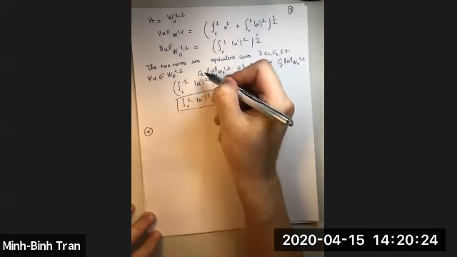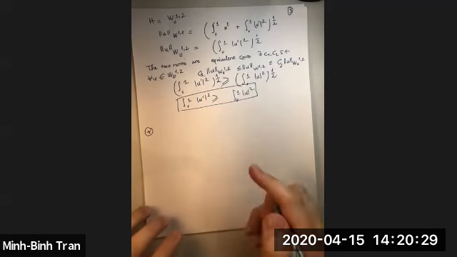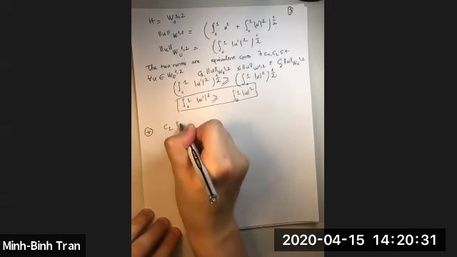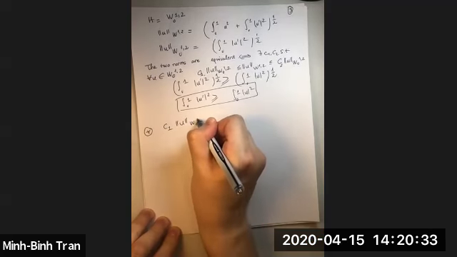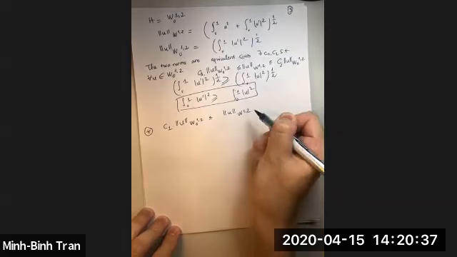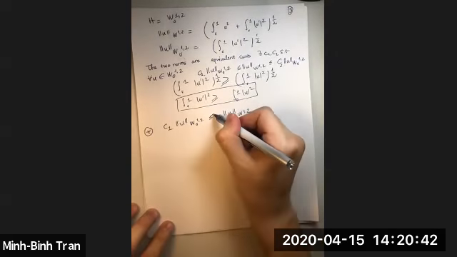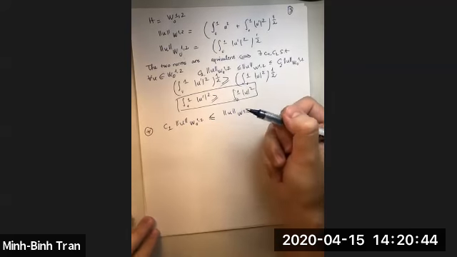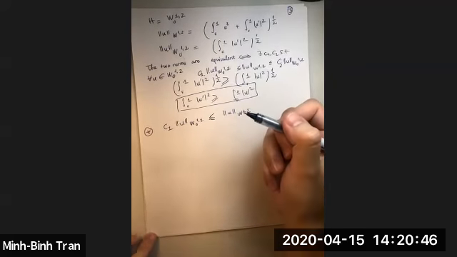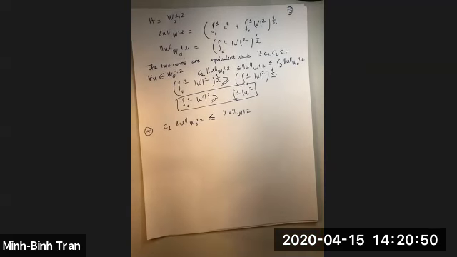So the C1 here is easy. So what is the value of C1? I want to show that there is a constant C1 such that C1 times the W012 norm is smaller than the norm of u in W12.